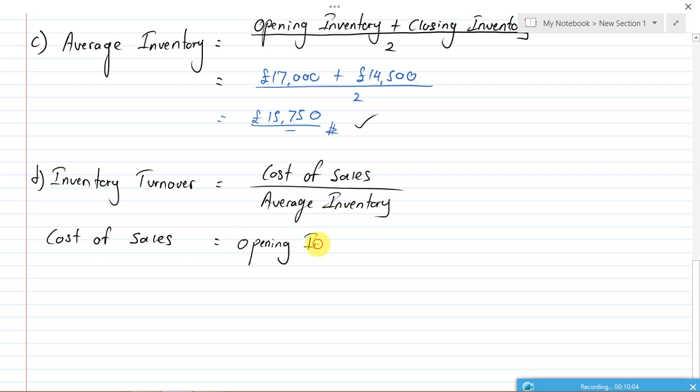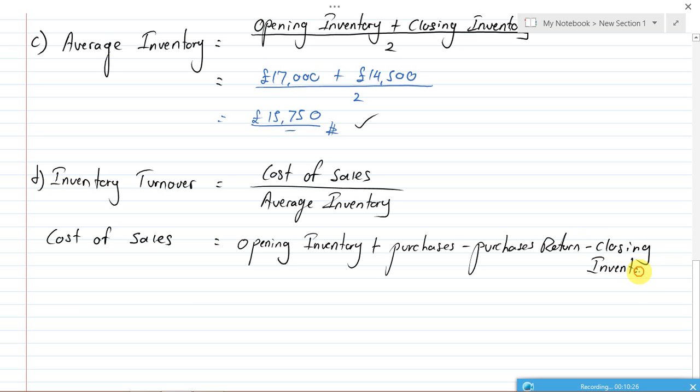Opening inventory plus purchases minus purchases returns minus your closing inventory will give you the cost of sales.